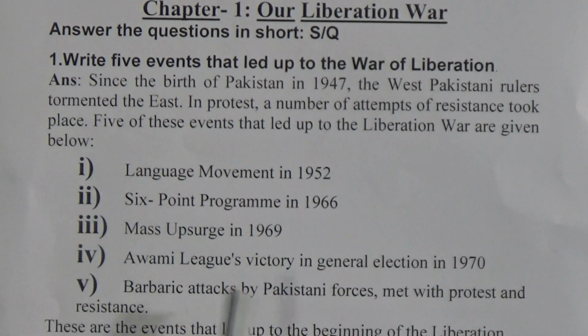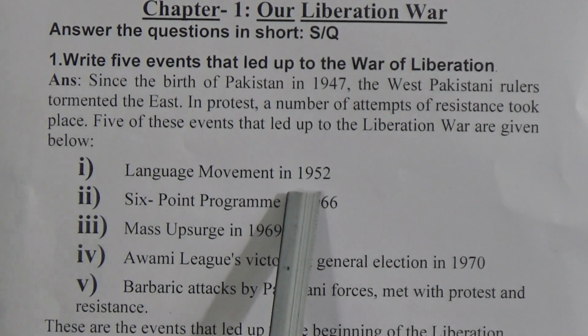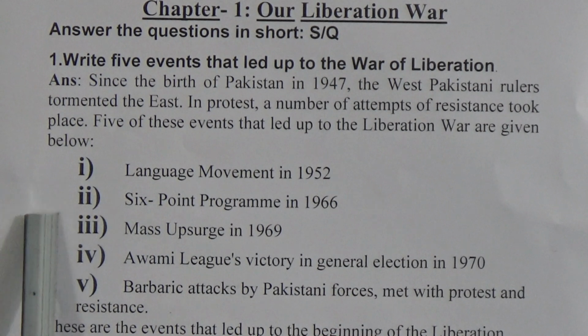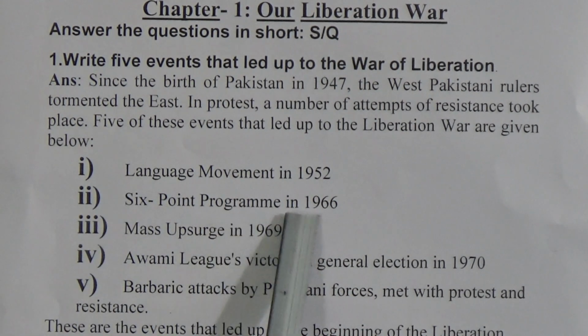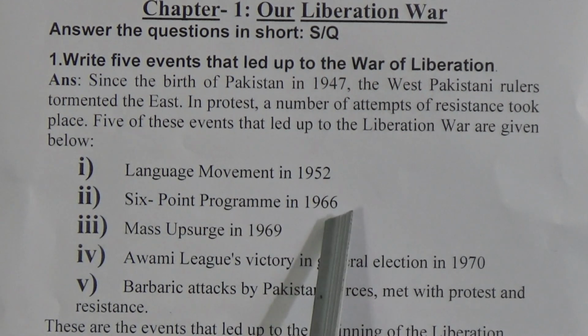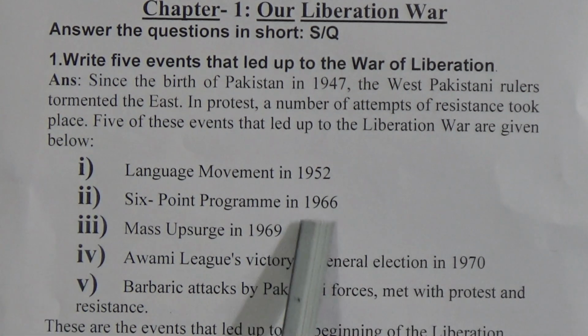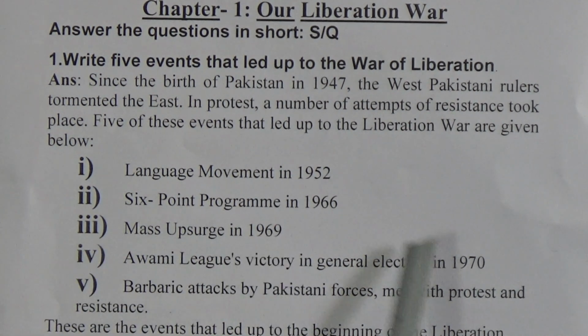Number 1 is language movement in 1952. So we have learned that in 1952 our language movement happened. The next one is 6-point program in 1966. That means the 6-point program was conducted in 1966. Number 3 is mass upsurge in 1969.